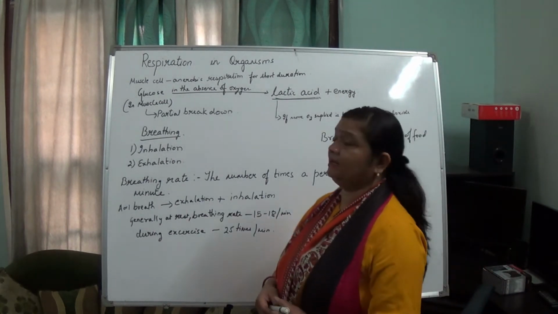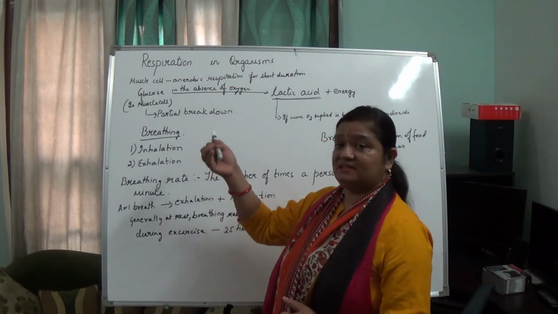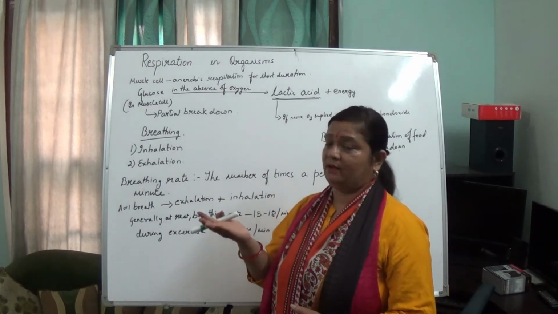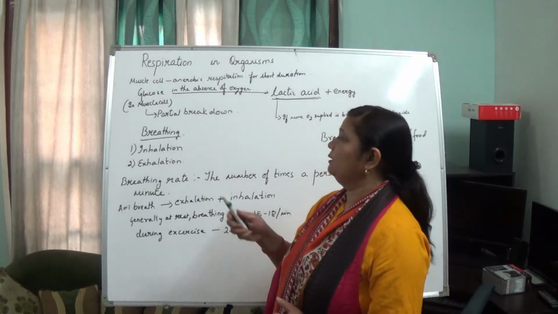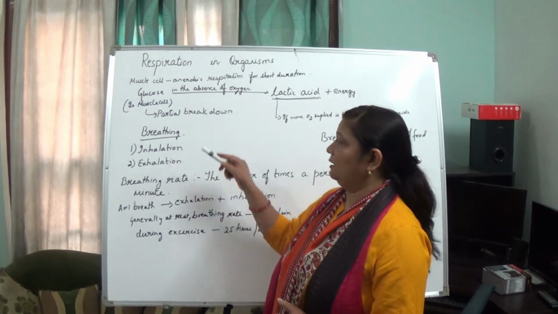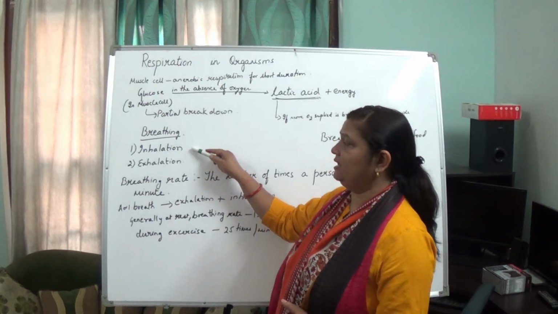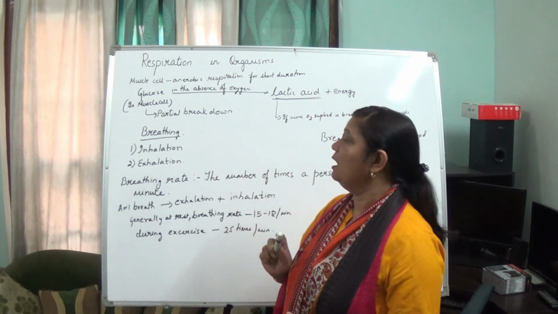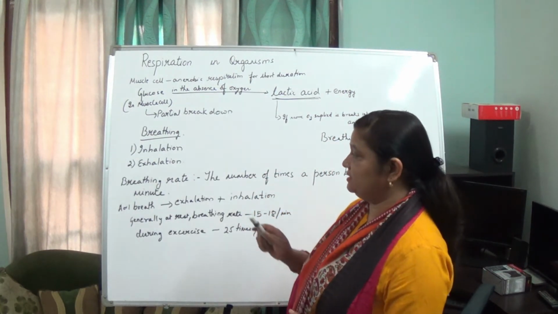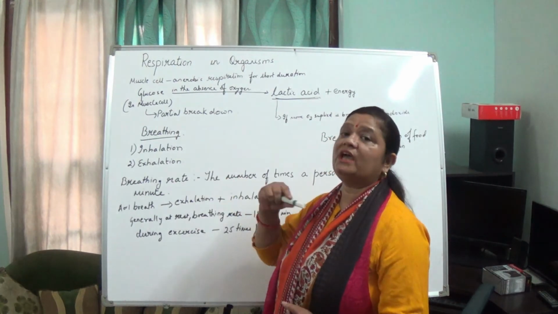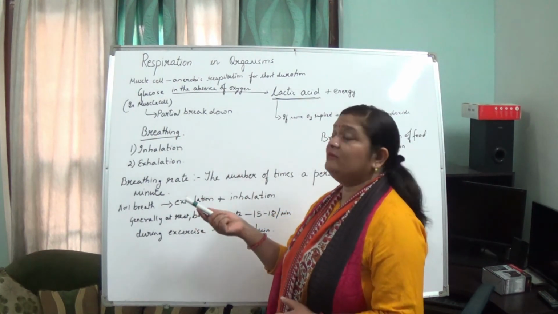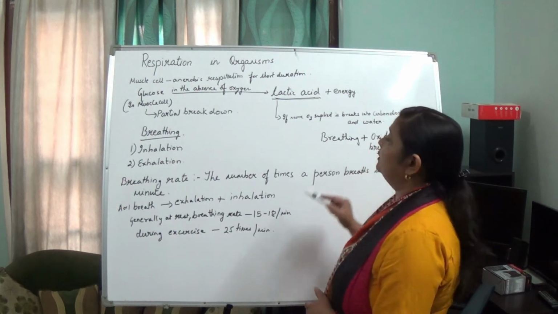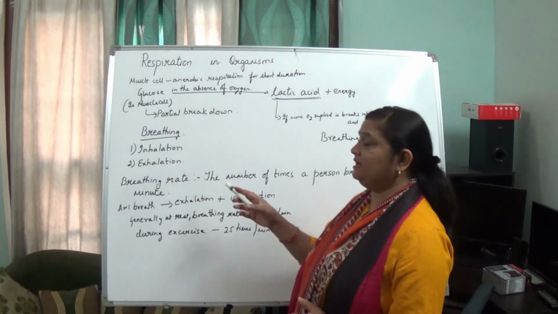You all breathe. Breathing means just taking in oxygen and giving out carbon dioxide. Breathing is completed in two steps: inhalation and exhalation. Inhalation means we are taking in air containing oxygen, and exhalation means we are giving out carbon dioxide, which is released after the oxidation of food.